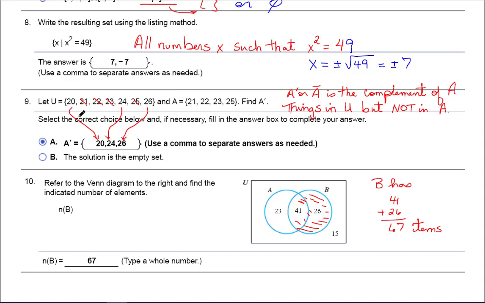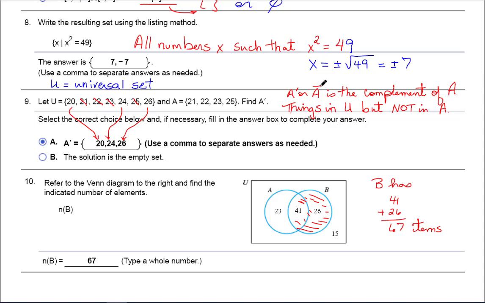All right, now in this case we have U. U stands for universal set, means a big giant set. Think of universal set as big set. Alright, so I got this big set, and here's set A, which has 21, 22, 23, 25. So A lives inside of U. They want us to find A with a little prime symbol here.